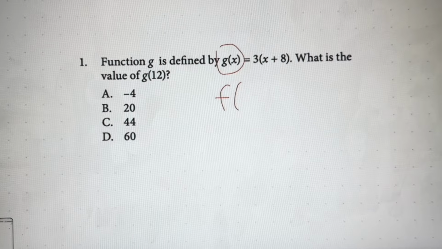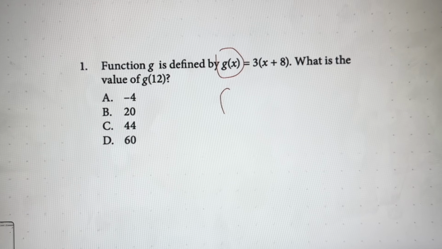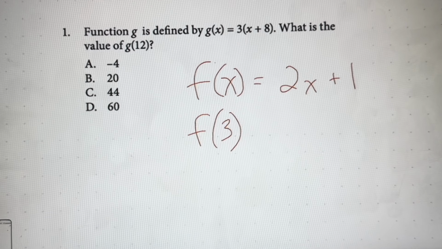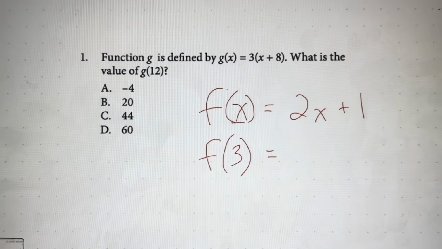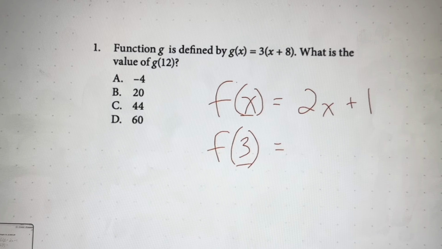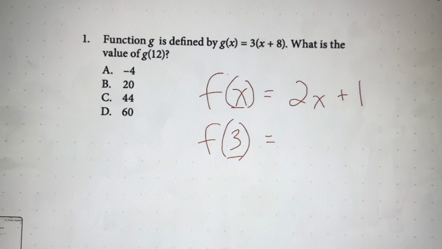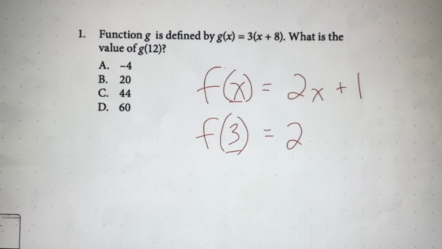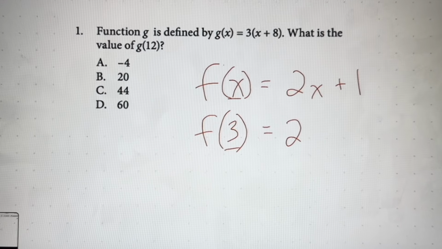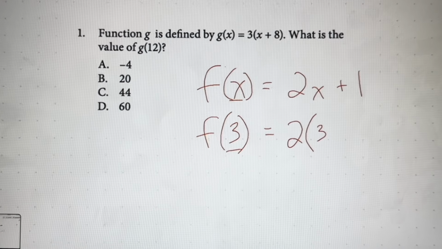What that means is, where there was an x, now there's a 3. So all f of 3 means is 2 times, not x, where there was an x, now there's a 3: 2 times 3 plus 1.